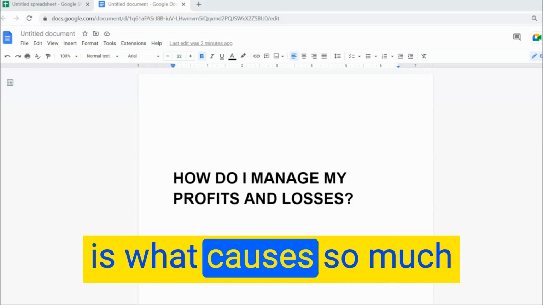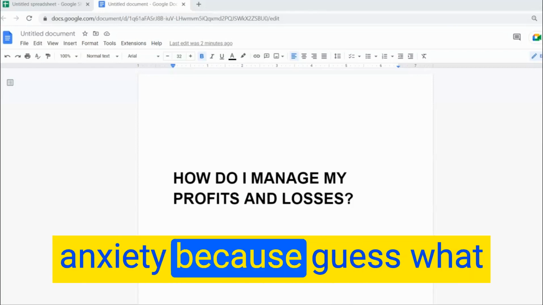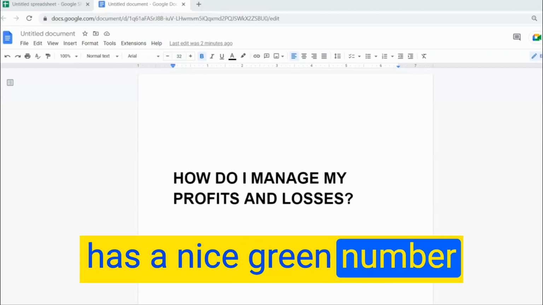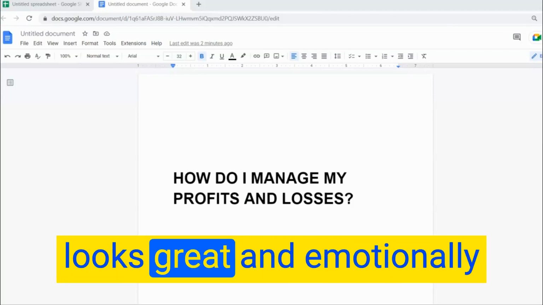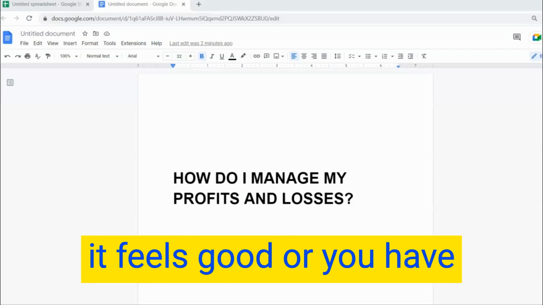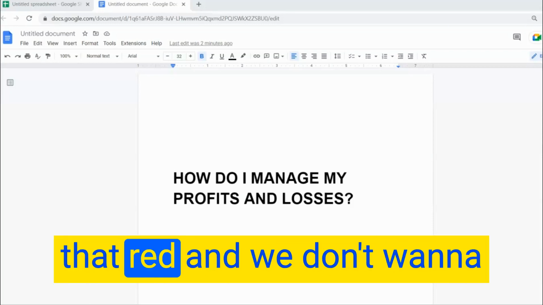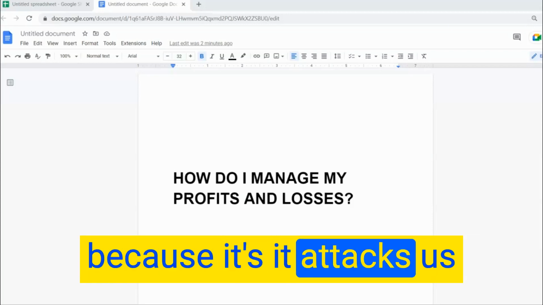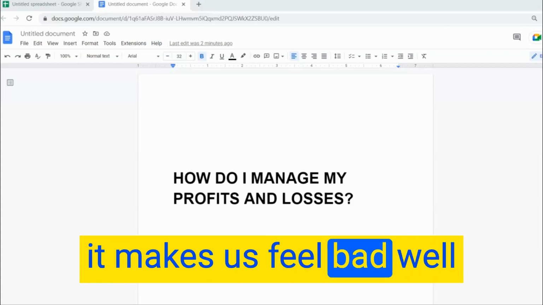And this is what causes so much anxiety. Because guess what? If you're making money, it has a nice green number. You love to stare at it. It looks great and emotionally it feels good. Or you have that red number. And we don't want to look at the red number, right? Because it attacks us. It makes us feel bad.